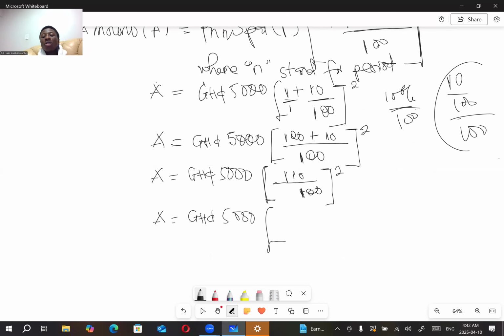Now, in algebra, when you have values in a bracket and it bears an exponent, the exponent affects each single thing in the bracket. So it's 110 squared over 100 squared. The square will affect the top and the bottom. 110 squared is what, please? 110 squared is what?